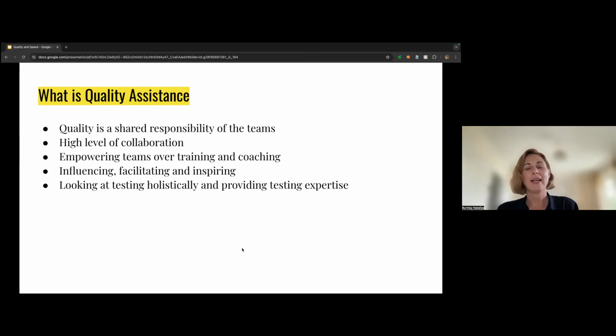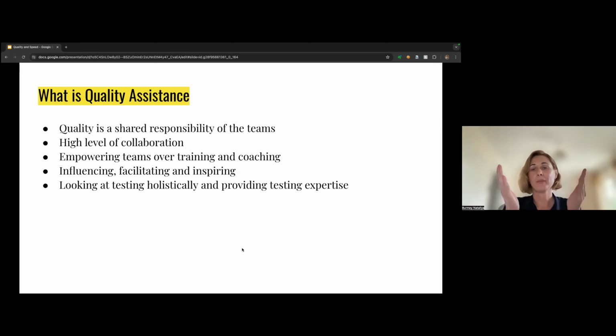But the biggest difference between quality assurance and quality assistance is the role of the test engineer, QA engineer, or quality engineer. Many people have different titles. Your role changes a little bit. You're no longer testing after developers, or testing just requirements, or waiting for tickets, features, and builds to come to you.